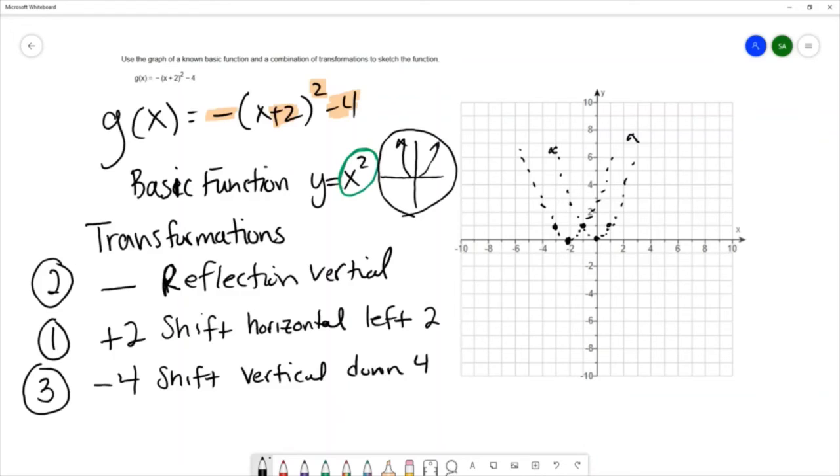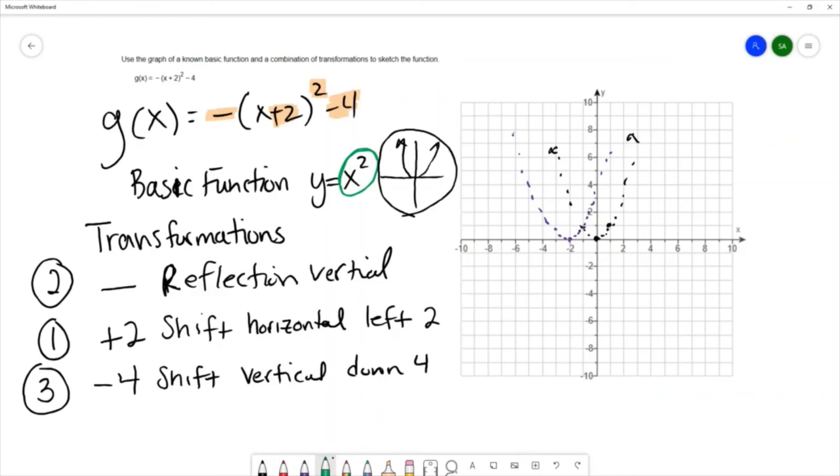Let me change colors so that you can see the difference on each one of these. So shifting left 2 would give us a parabola like this.